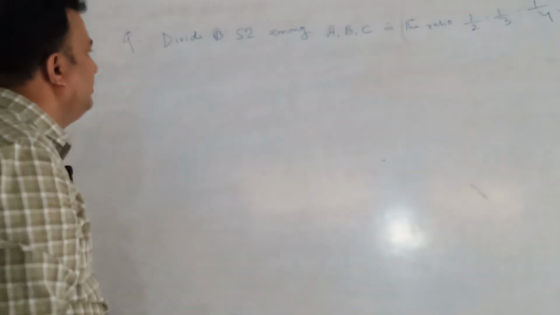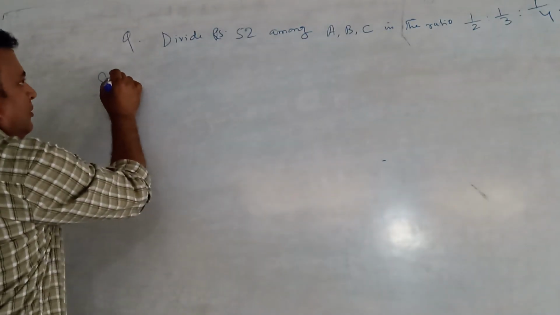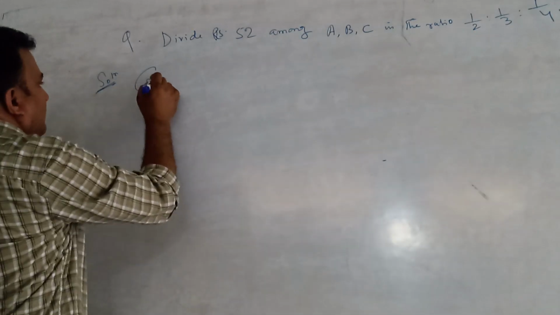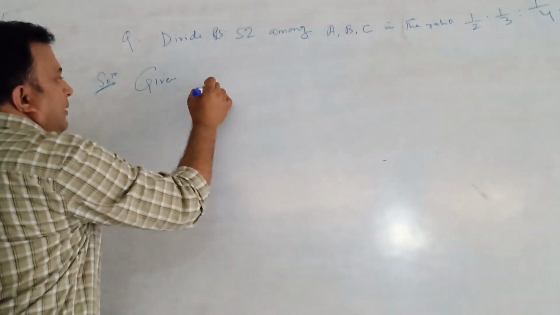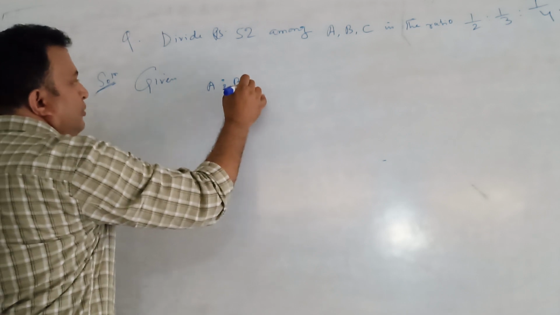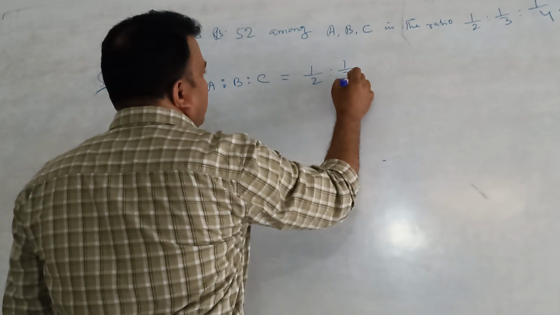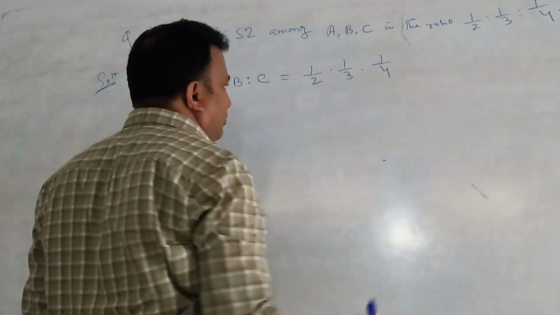How to solve it? Given A is to B is to C is equal to half is to 1/3 is to 1/4.